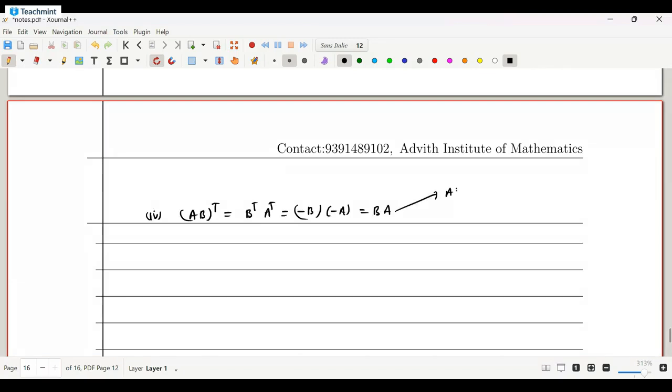So if AB is equal to BA, then the product AB is symmetric. And if AB is equal to minus BA, then AB is skew symmetric.